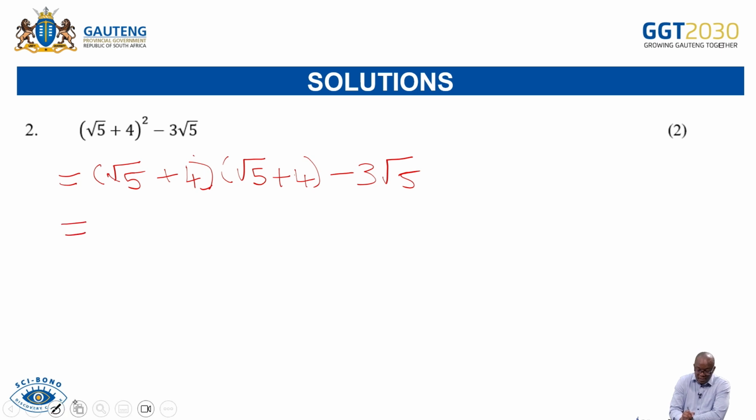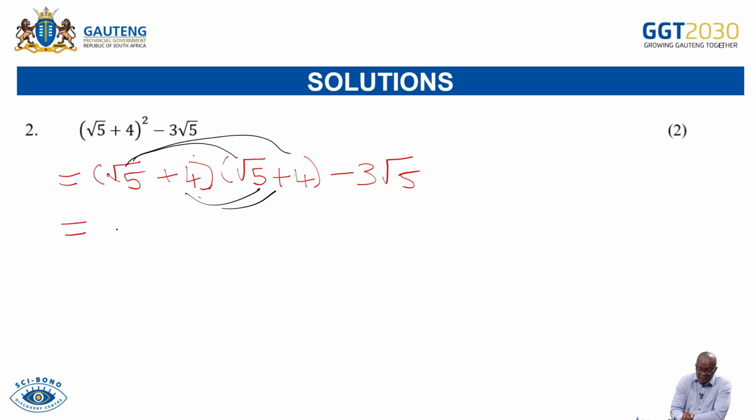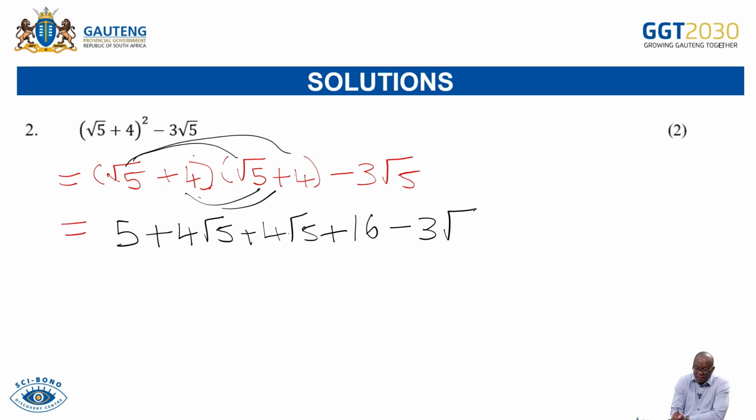So our aim here, the first thing that we need to do is to remove those brackets. So what we're going to have there is 5 plus 4 root of 5 plus 4 root of 5 plus 16 minus 3 root of 5.